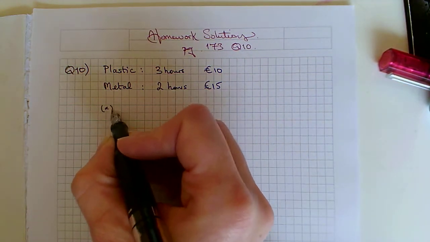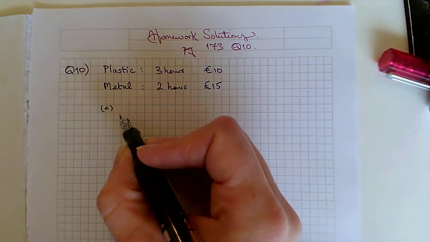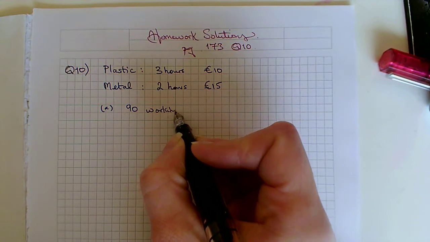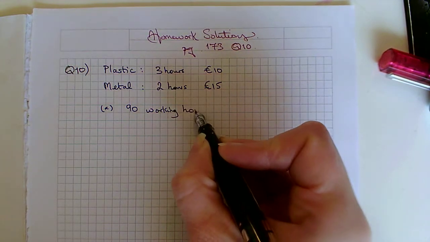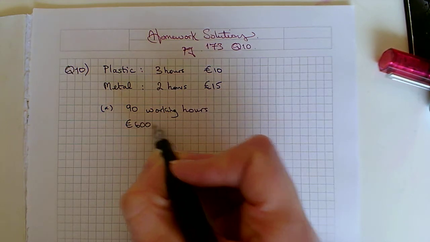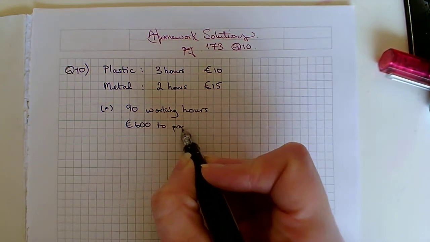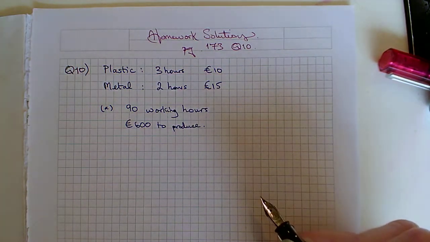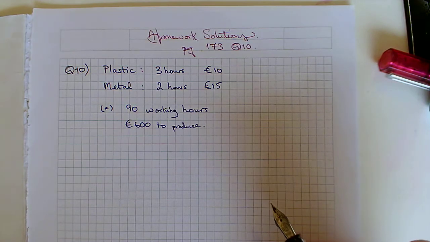In part A, we're told a certain order took 90 working hours, and it cost €600 to produce. And we're being asked how many parts of each type were supplied on the order. So let's break down the information that we have here. Now this is difficult.